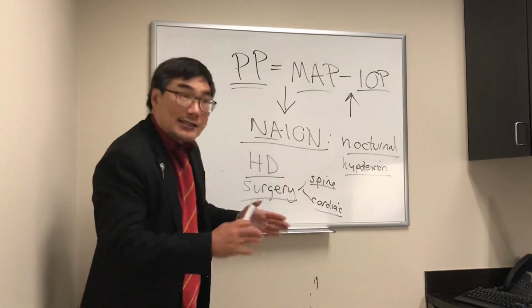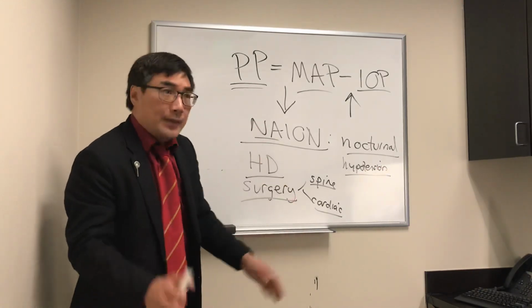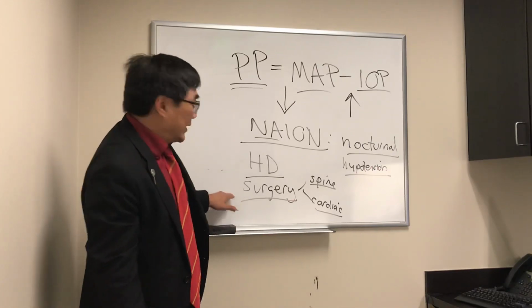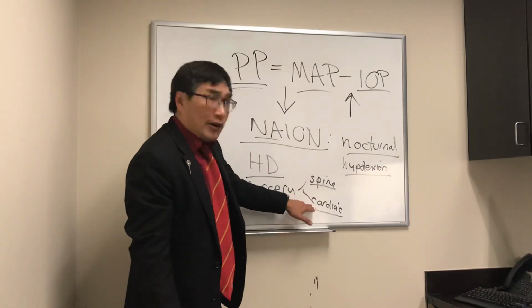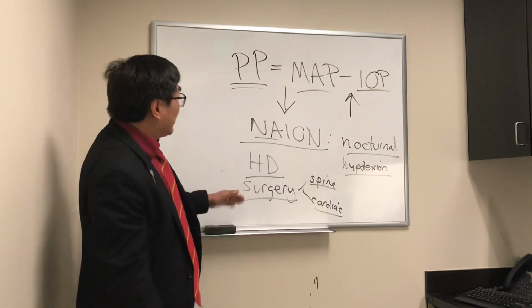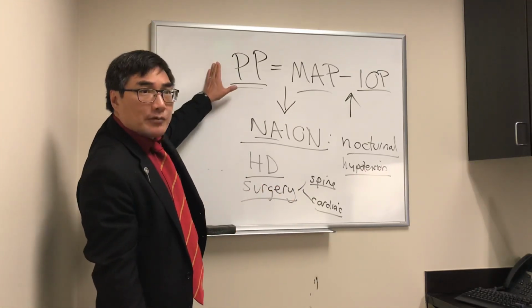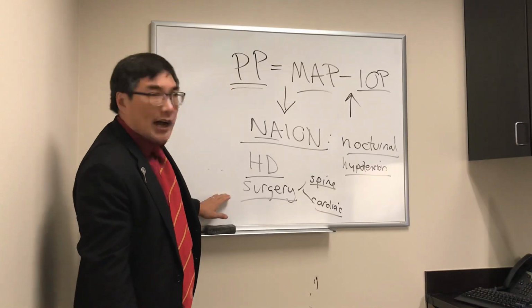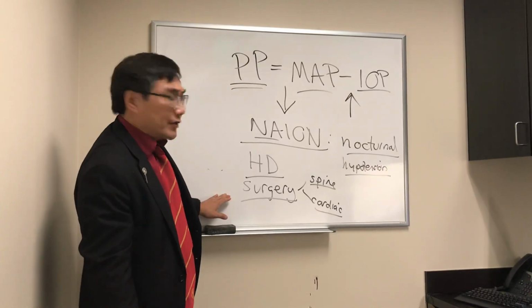Cardiac surgery is a lot easier to understand because they're working on the heart, but any surgery can result in postoperative cardiac arrest or atrial fibrillation, and these are mechanisms by which the perfusion pressure might drop from non-ocular types of surgery.